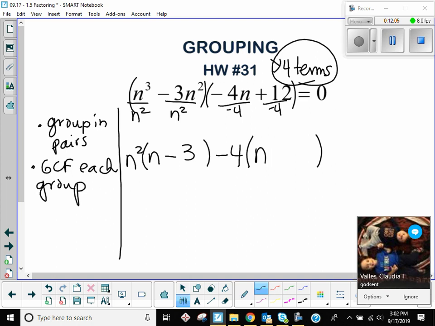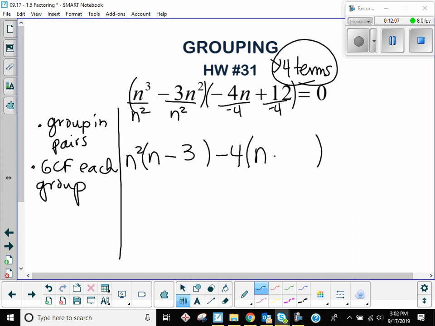What's 12 divided by negative 4? So you might feel like, Ms. F, you just changed the signs on the things, and that seems counterintuitive for a second. But it works because if you take this negative 4 and distribute it back through, what do you get? You get negative 4n right there and positive 12 there. And so at least the value is the same.